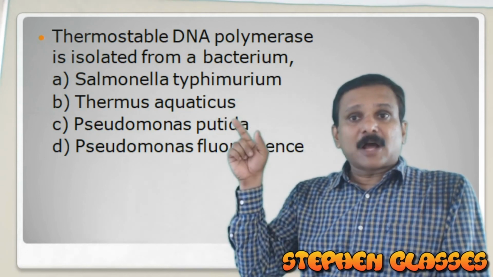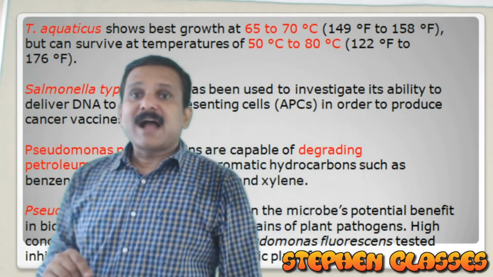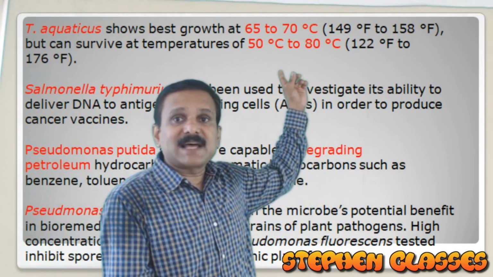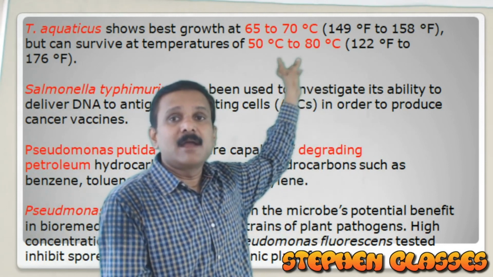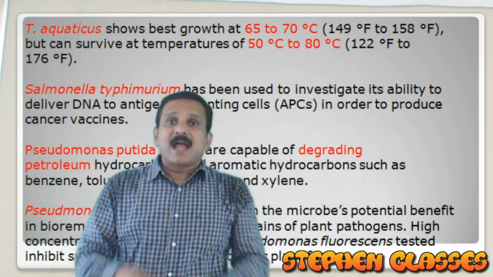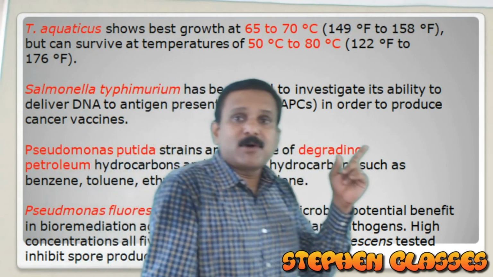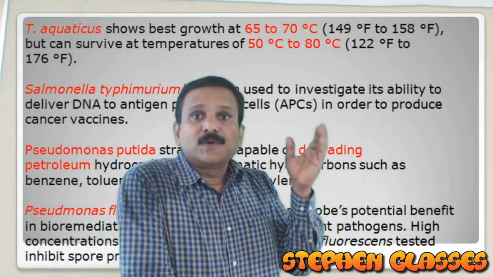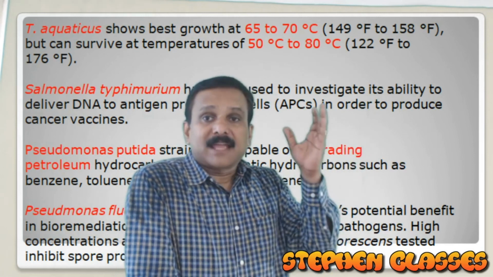To explain the other options, we have a slide for you. In this slide, you have the explanation of Thermus aquaticus. It is written clearly that it will survive 50 to 80 degrees Celsius. It will grow best at 65 to 70, but it can survive a temperature of 50 to 80 degrees. And regarding Salmonella typhimurium, it is used to investigate its ability to deliver DNA into antigen presenting cells in order to produce cancer vaccines.